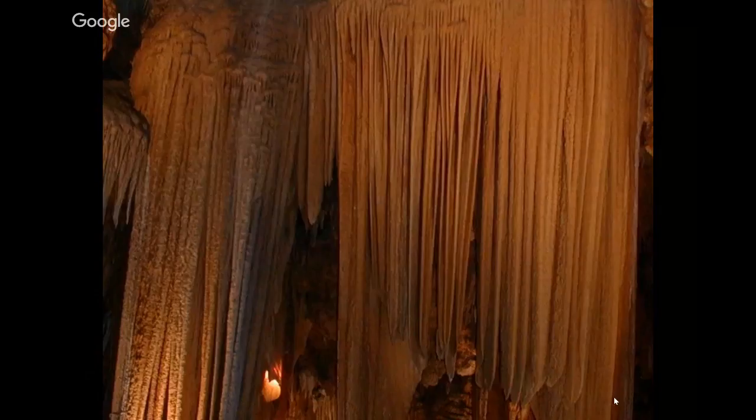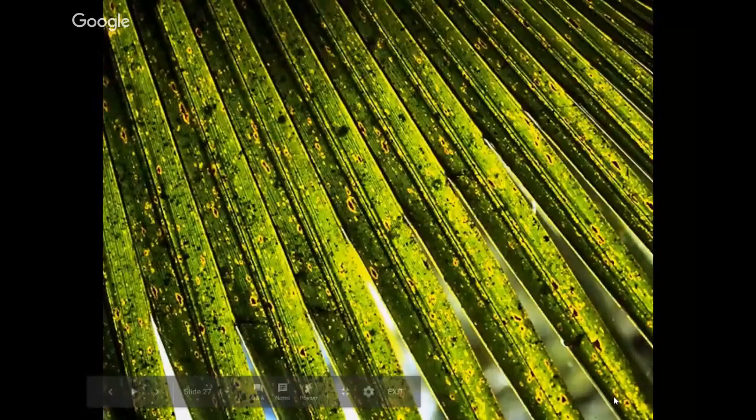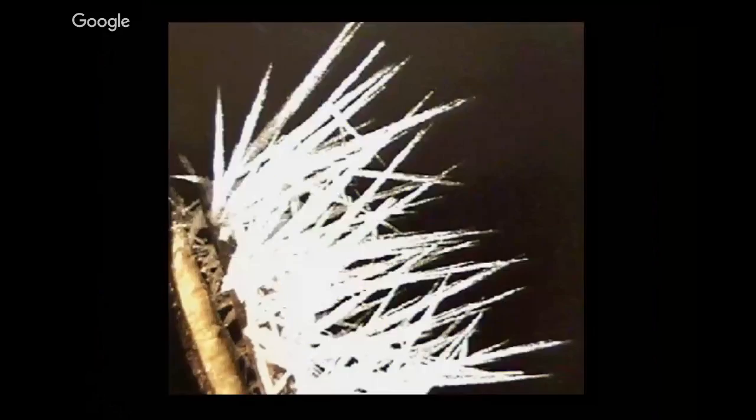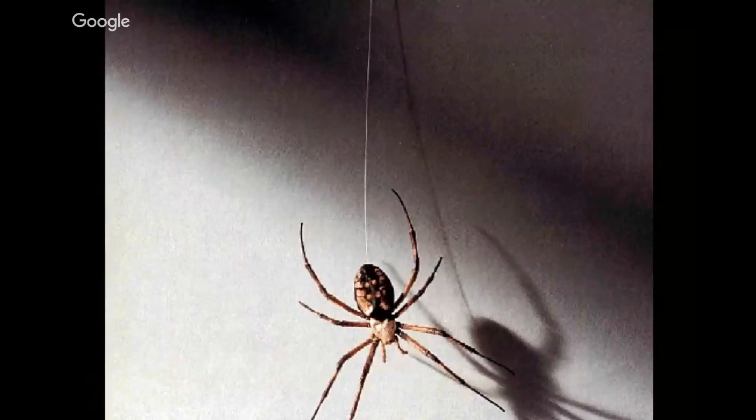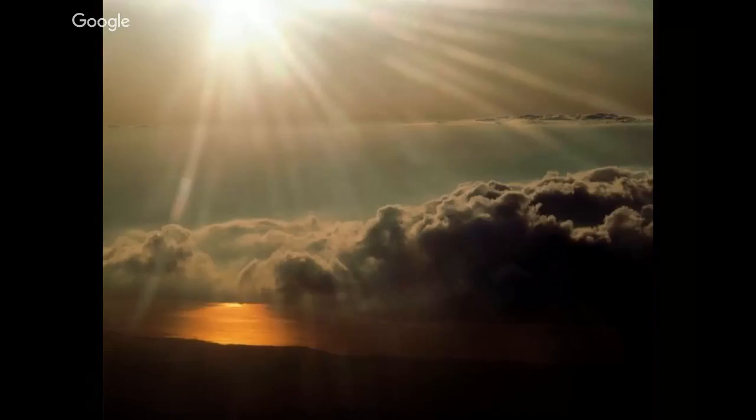Like, for example, if you think about parallel lines, it's not too far to see. I mean, you can see parallel lines in these stalactites. You can also see it in something as simple as palm fronds or crystal edges, or even a straight line with spider silk.